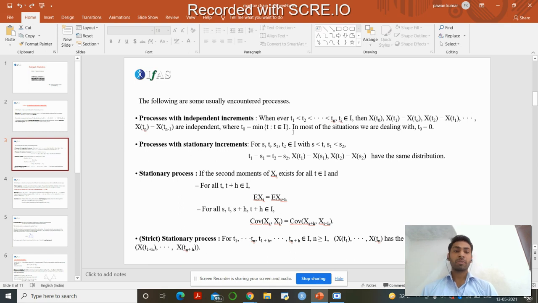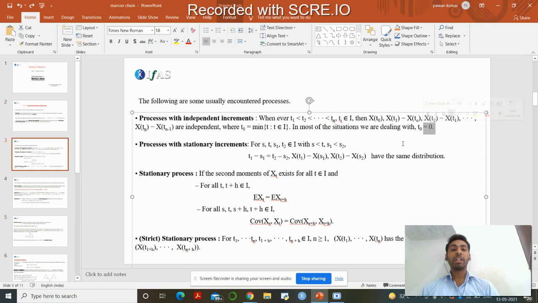Then X(t0), X(t1) - X(t0), X(t2) - X(t1), and so on up to X(tn) - X(t(n-1)) are all independent of each other. Most of the time we denote t0 equal to 0, where t0 is the minimum of T.